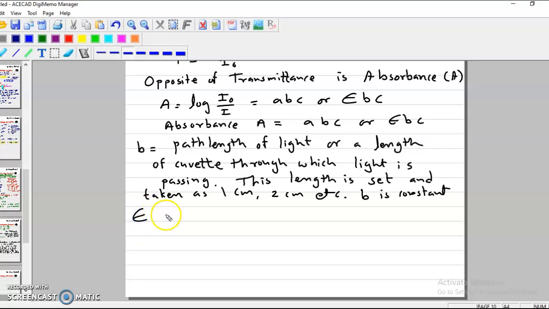Epsilon is known as molar absorptivity, or molar extinction coefficient.